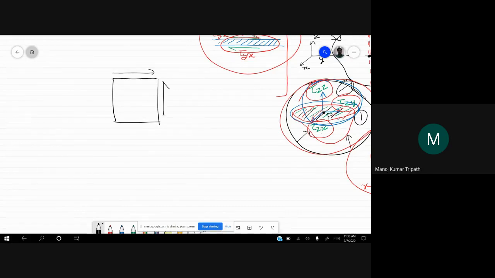Generally, we show a single-sided arrow for shear stresses. Okay, let us consider the positive side. On the negative side, we show the shear stress like this.